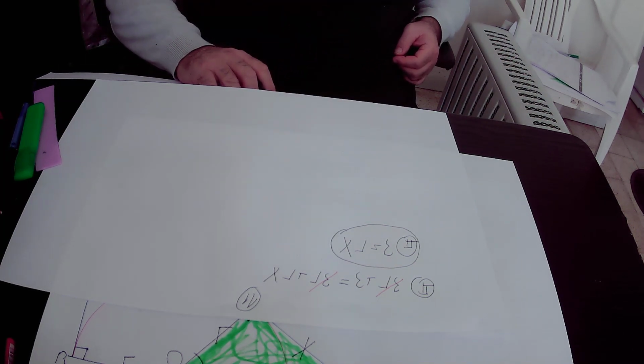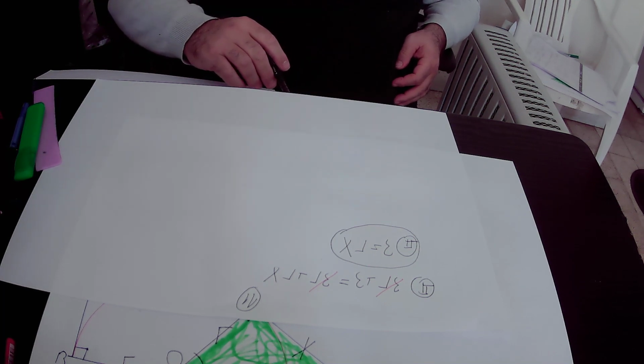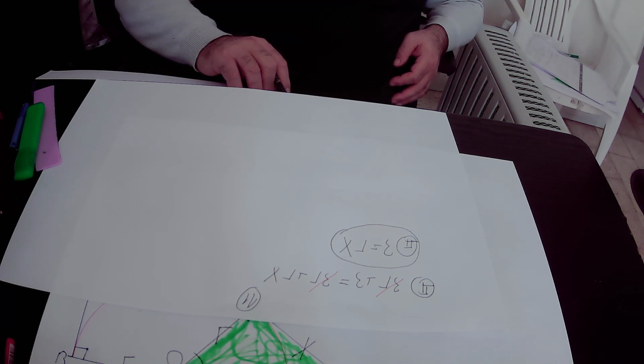So here we will divide this equation by x. Why is it allowable to divide the equation by x? Maybe x is 0, and if x is 0, then you are not allowed to divide by 0.